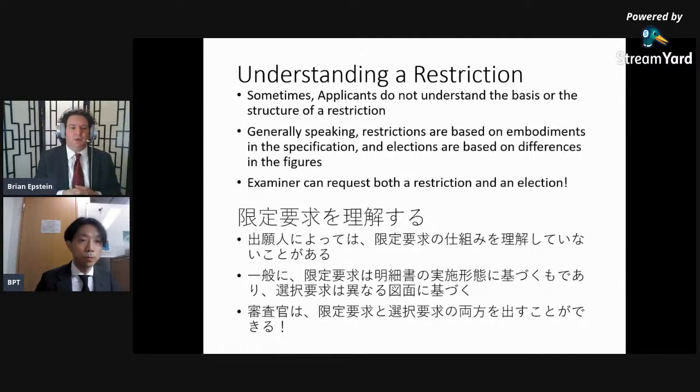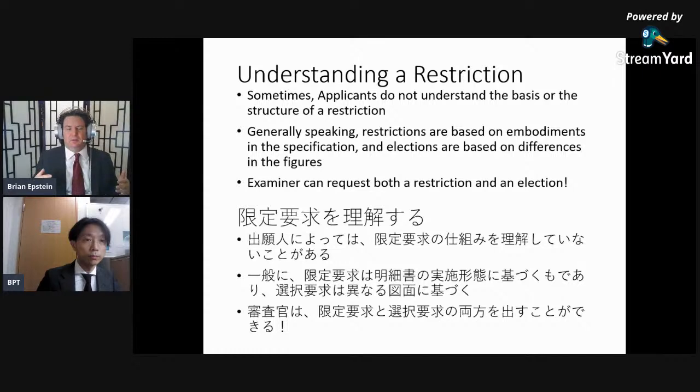For example, maybe the application pertains to some sort of optics, and figure 1 shows one type of lens and figure 2 shows a different type of lens, and the examiner will tell you to elect one of the two figures for prosecution on the merits.